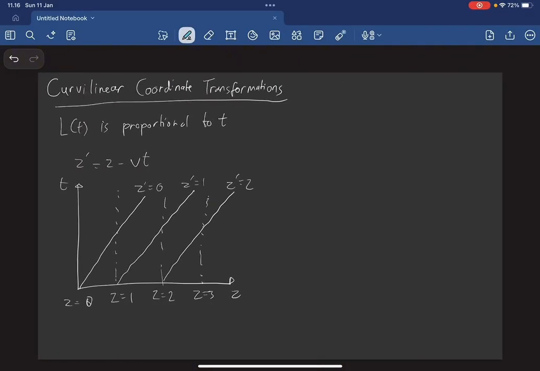But if we draw the figure like this, we now have a curvilinear coordinate transformation. So I will draw a parabola here.